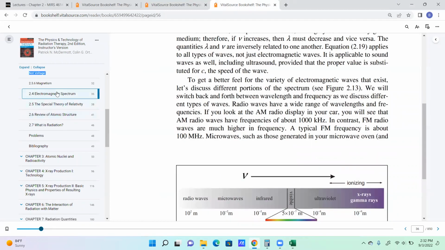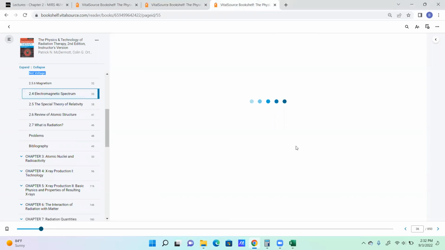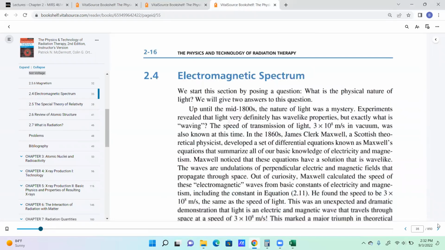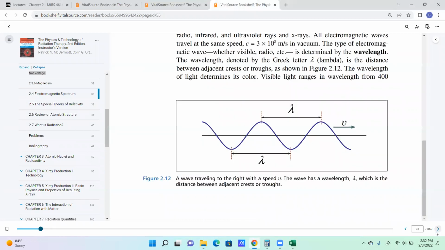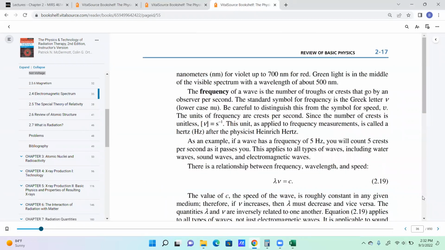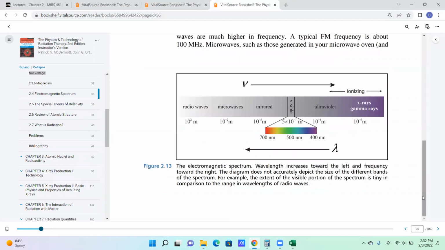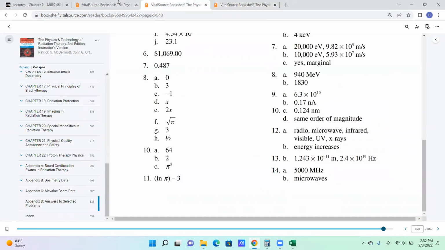Maybe there's an electromagnetic spectrum. Yeah, it doesn't really say here. I was hoping that it would, but anyway, if you look at the size of the atom, that's about what you're going to be looking at.